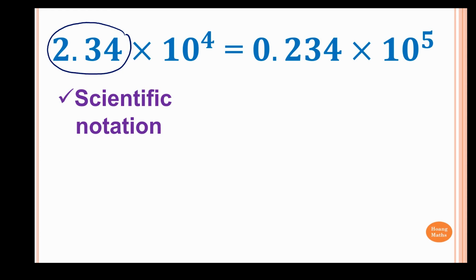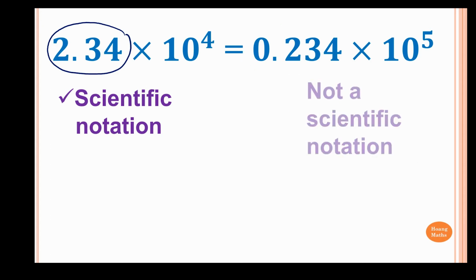Whereas 0.234, remember the condition is this number here must be between 1 and 10. So 0.234 is less than 1, so it's outside the definition. Therefore, it is not a scientific notation.